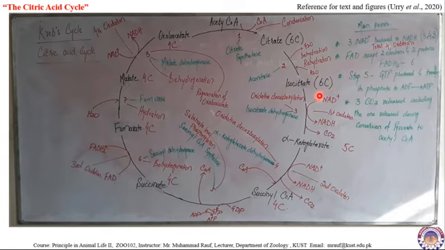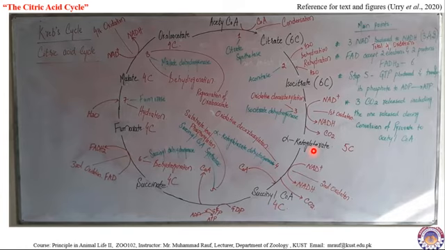And this is the third step, where the carbon dioxide molecule is released. So it was a 6 carbon molecule, one of the carbons was released as carbon dioxide, and then alpha ketoglutarate is left, which is a 5 carbon molecule. In step 4, one more carbon is given out, and now it becomes a 4 carbon molecule.